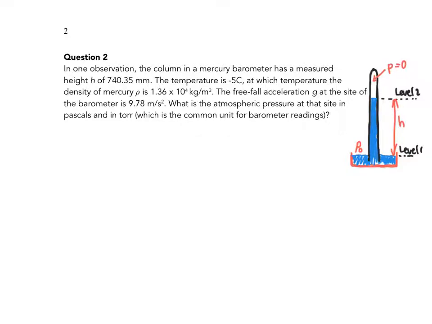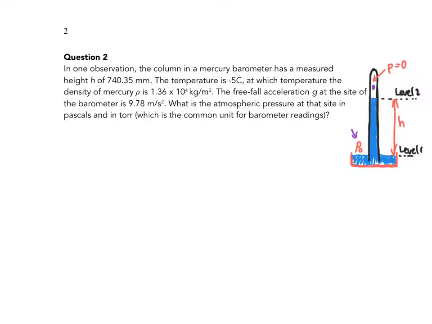I'll just remind you of what a barometer is. It's a mercury barometer. If you look over on the right here, you can see at this point we have atmospheric pressure pushing down. In this region here, the pressure is equal to 0. And we should then be able to work out what the pressure is bearing down on that mercury pool.